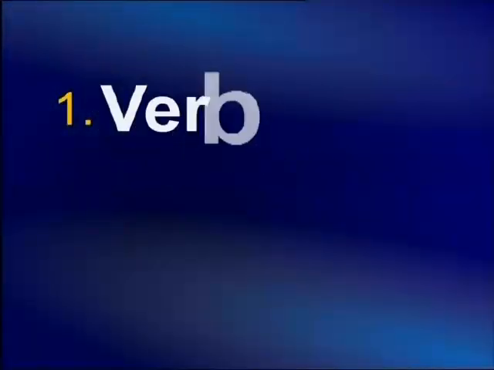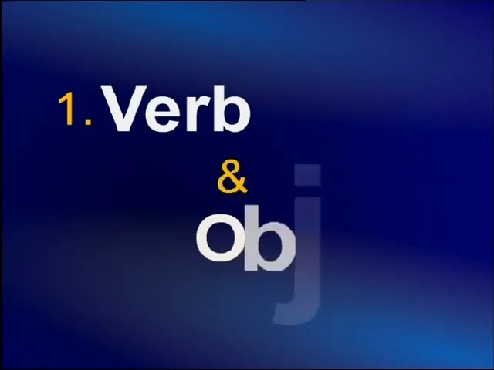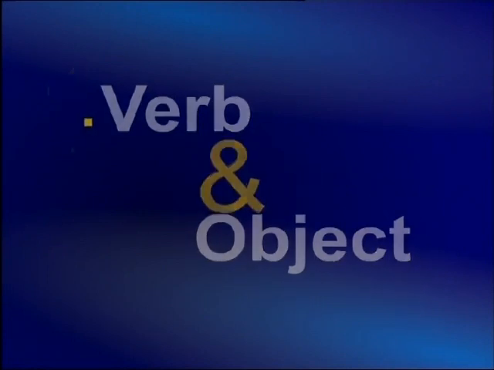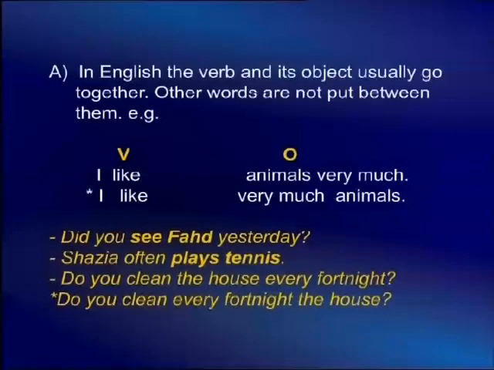The first one is the use of verb and its object. In English, the verb and its object usually go together. Other words are not put between them. For example, in the sentence, I like animals very much.